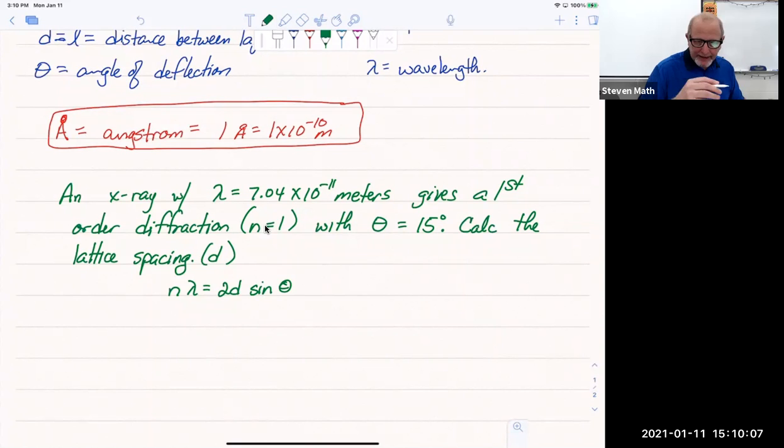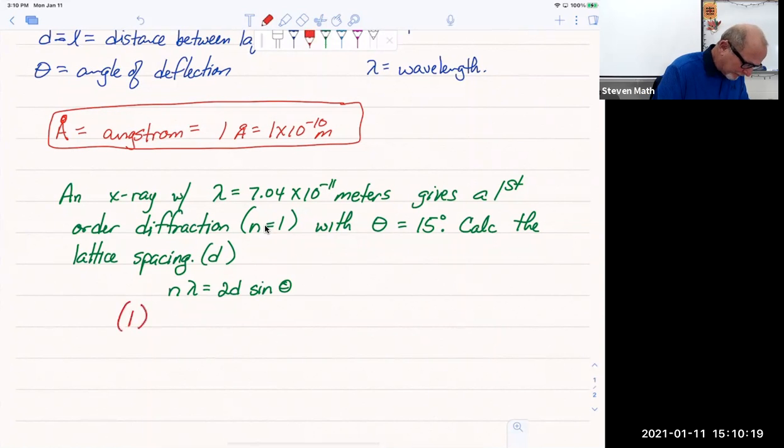If you've got a wavelength in meters and you need D in angstroms, you've got to do some conversions to get it to the right units here. But we already said n is equal to 1. That really doesn't have a unit. Lambda 7.04 times 10 to the negative 11th meters equals 2d sine 15 degrees.